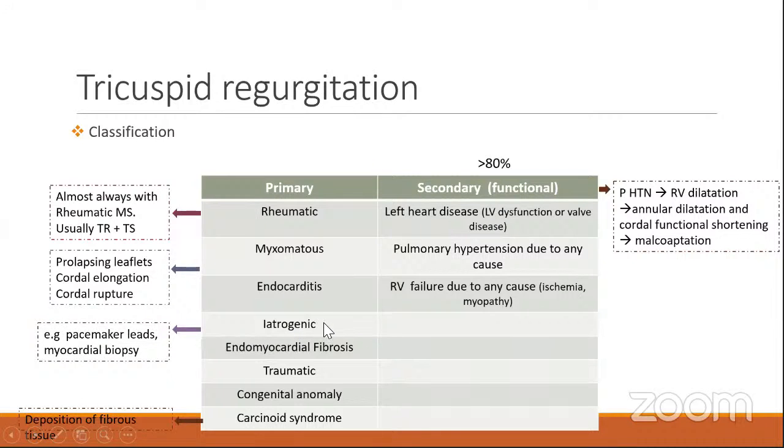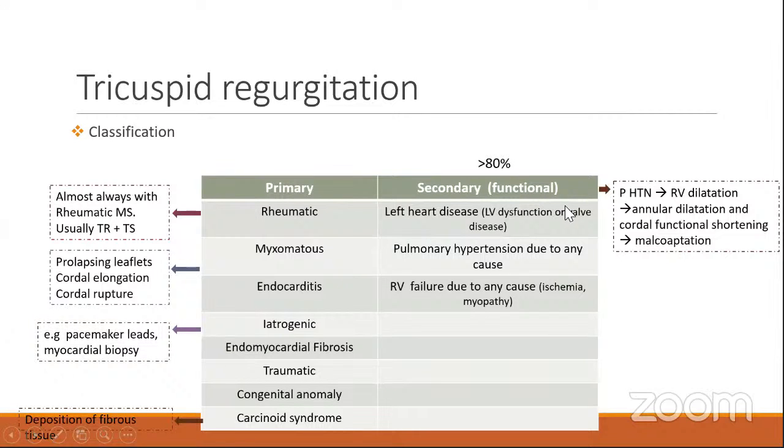Also, endomyocardial fibrosis can cause tricuspid regurgitation, as can traumatic causes, congenital anomalies, or carcinoid syndrome, where there's deposition of fibrous tissue causing the tricuspid regurgitation. The other classification is secondary or functional, which is most of the cases, more than 80%.